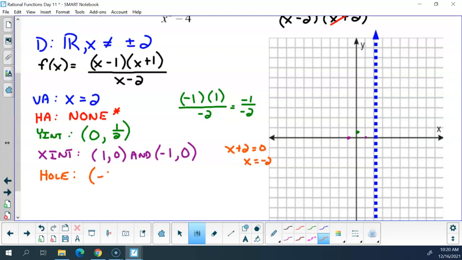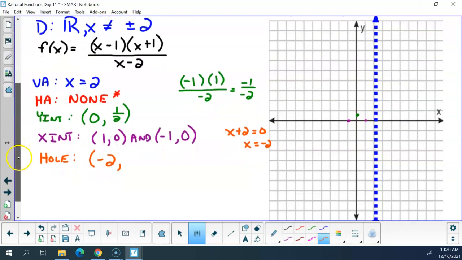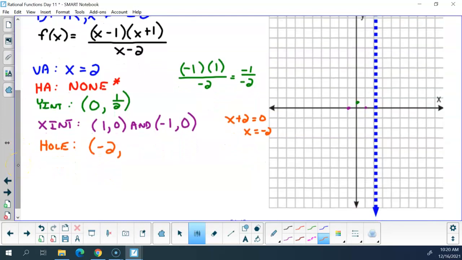So my pole is going to be at negative 2, comma, and then we plug in negative 2. Negative 2 minus 1 is negative 3, negative 2 plus 1 is negative 1, negative 2 minus 2 is negative 4.